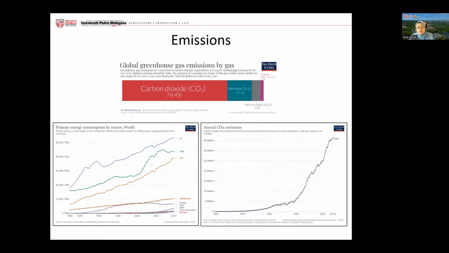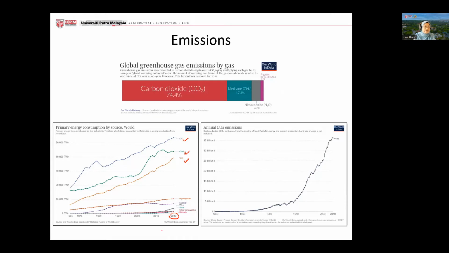So if we have a look here, the primary energy consumption by source. Just now we looked at the percentage for energy, 74%. So from all of that, if you look at it in terms of different energy resources, such as oil, coal, gas, and also the renewables, you can see even now, of course, this is until 2019.